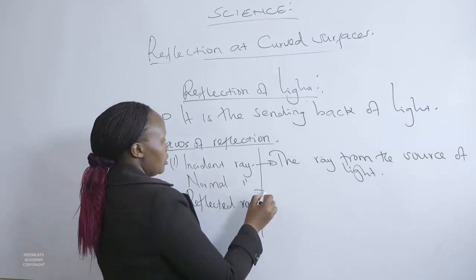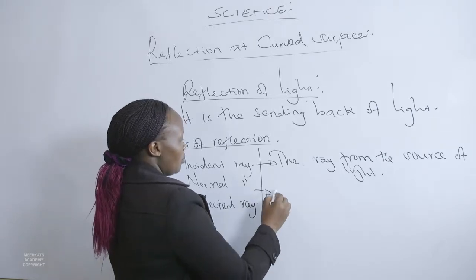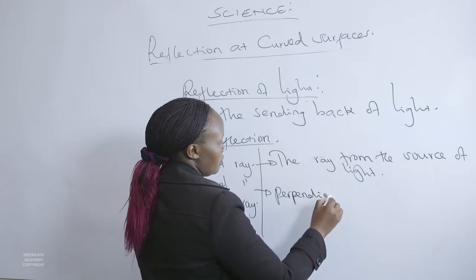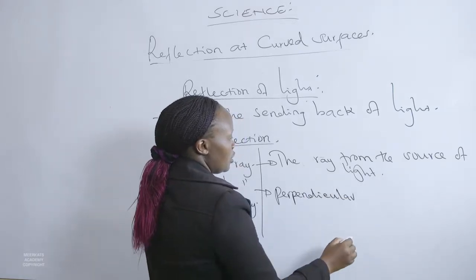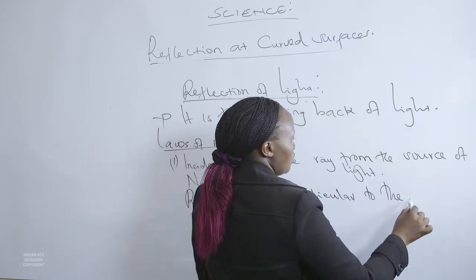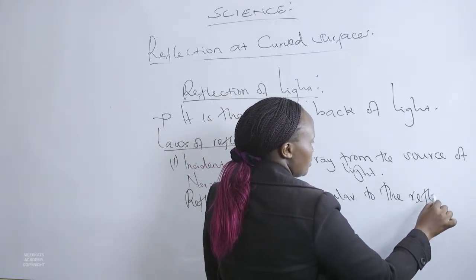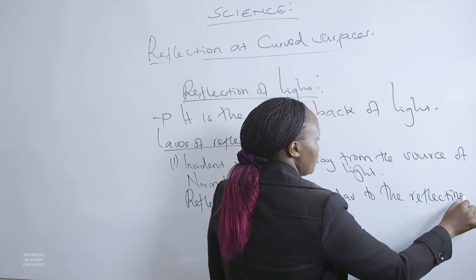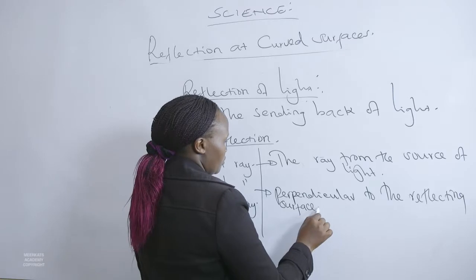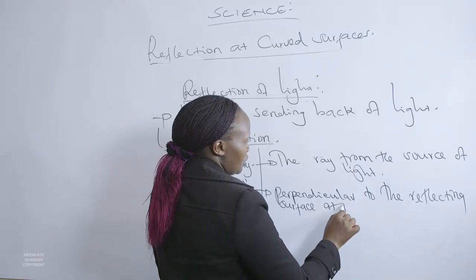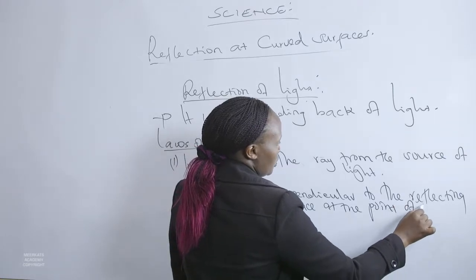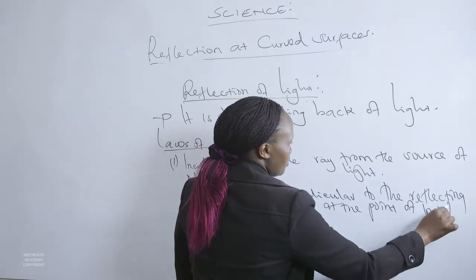This one is perpendicular to the reflecting surface at the point of incidence.